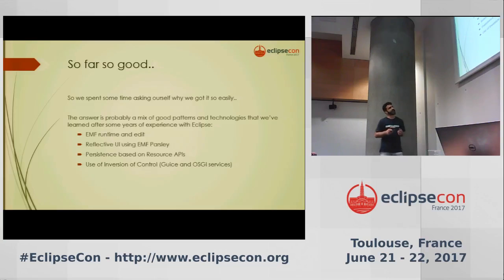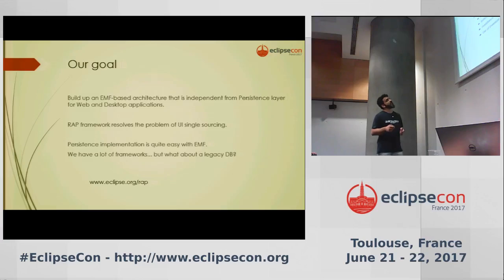And we deeply use inversion of control with a framework like Google Guice and OSGi services. So our goal for this talk is to propose an architecture that is independent from the persistence layer and from the UI technology.